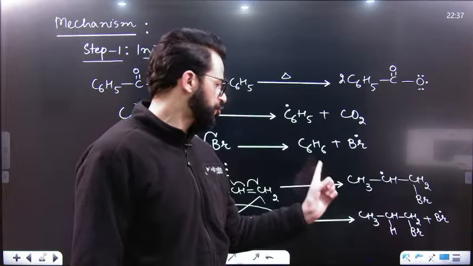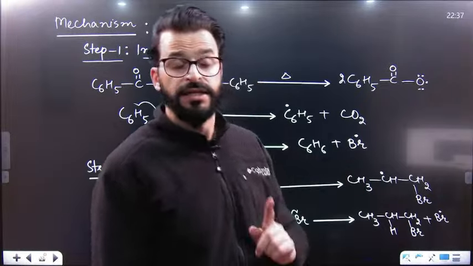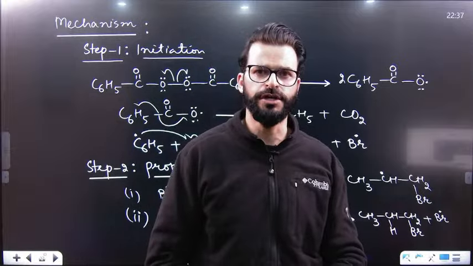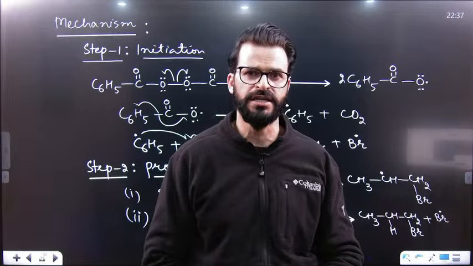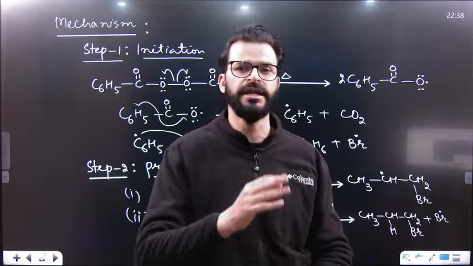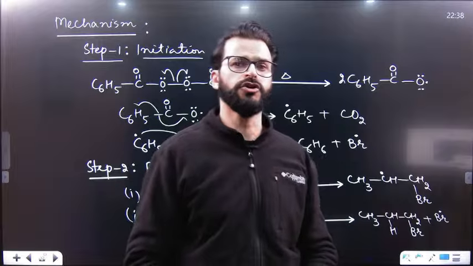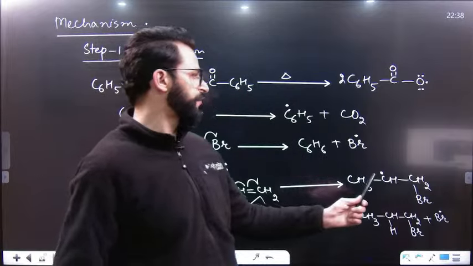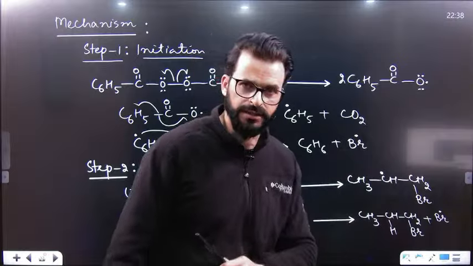Because Br goes to this position so as to form the more stable carbon free radical. That means the anti-Markovnikov's product formed during the Kharash effect, or peroxide effect, when HBr is added to an unsymmetrical alkene in the presence of peroxide, is only and only because of the formation of the more stable carbon free radical.